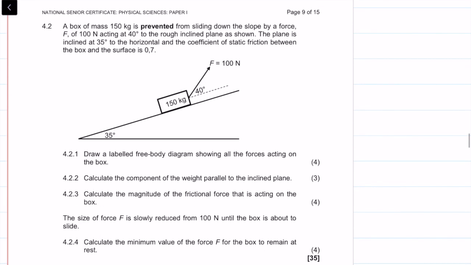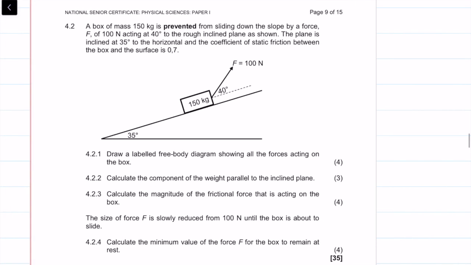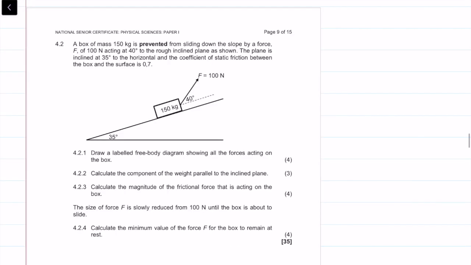Now we're getting into a real question that does not involve the graph, so I'm going to be doing this. A box of mass 150 kilograms is prevented from sliding down the slope by a force of 100 newtons acting at a 40-degree angle to a rough inclined plane.